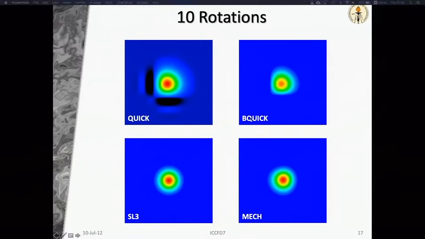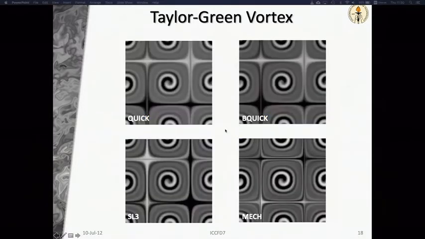And the second test that I showed you yesterday, here it's more subtle, but if you stare closely, you will see that here in quick, everything is smeared out. You barely see any thin strands. If you go to the semi-Lagrangian and the modified semi-Lagrangian, you will see that the thin strands are present.